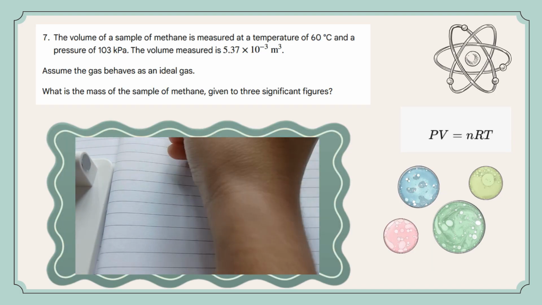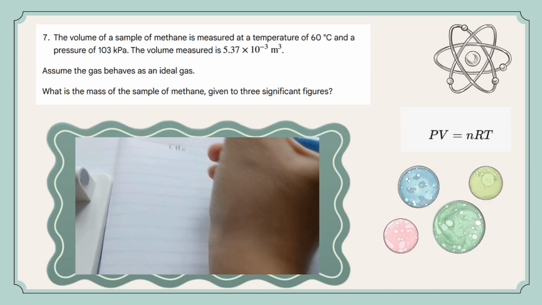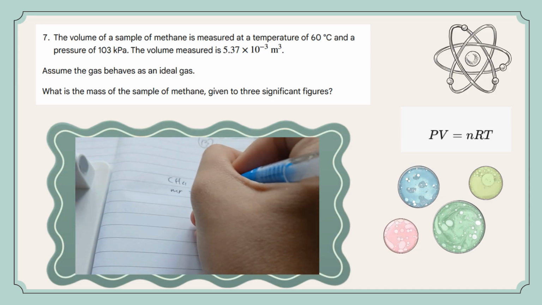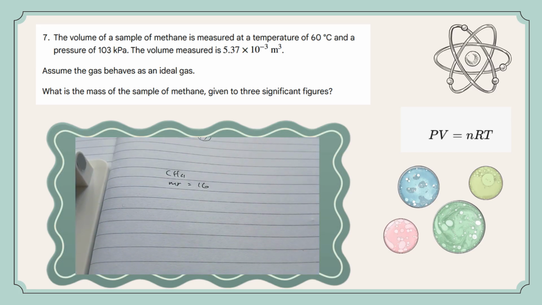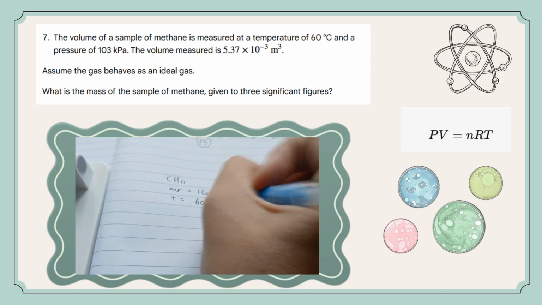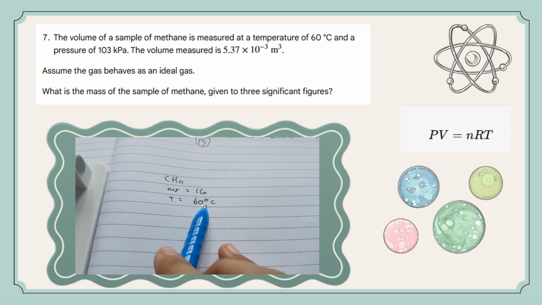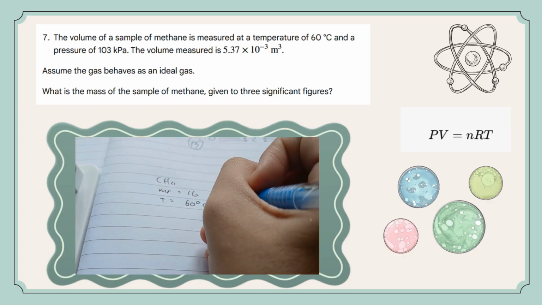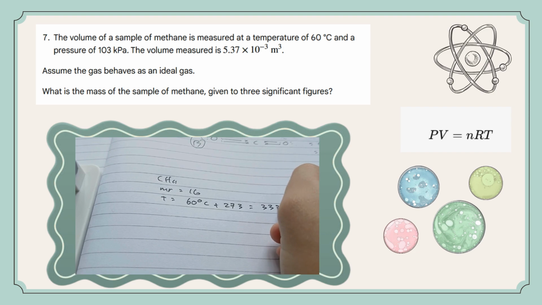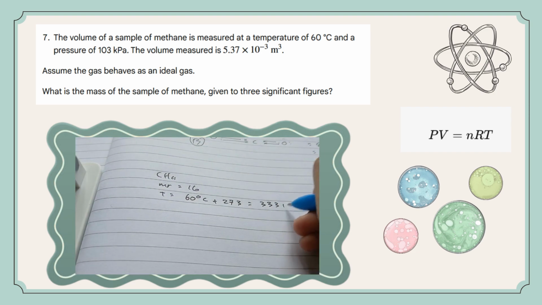From the question we know that methane's Mr is 16, and the temperature is 1600 Celsius. We have to convert it to Kelvin first, so we add 273 to get Kelvin.